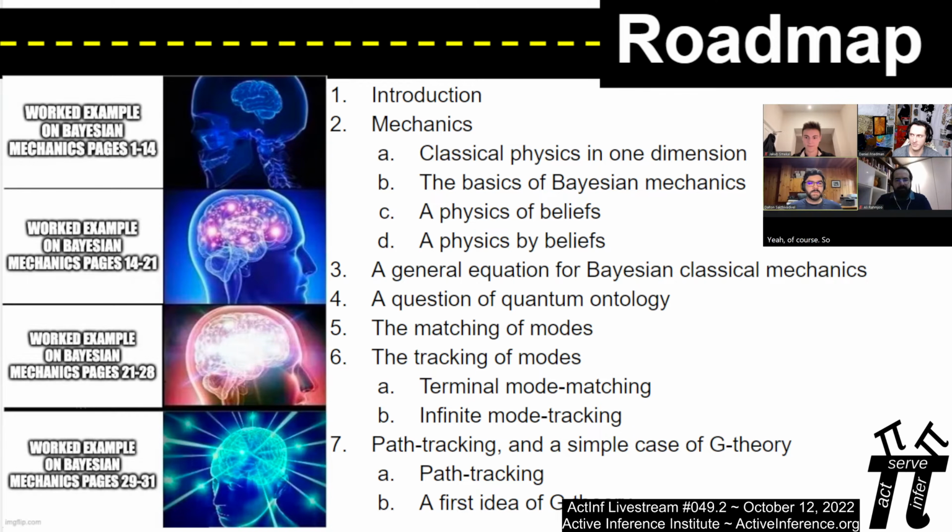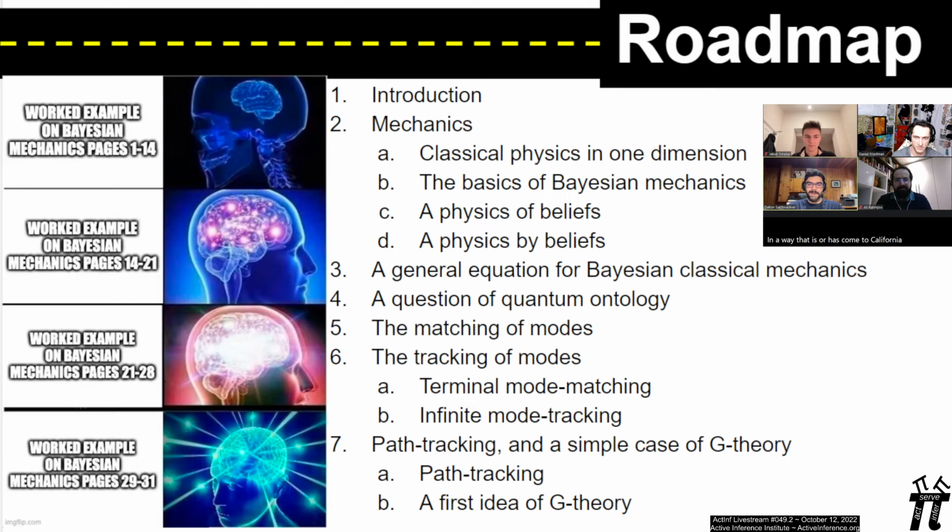So as we were talking about last time, the structure of the paper partially reflects the environment that it was written in, in a way that has come to characterize the free energy principle.